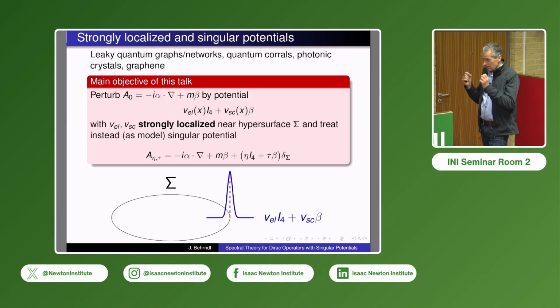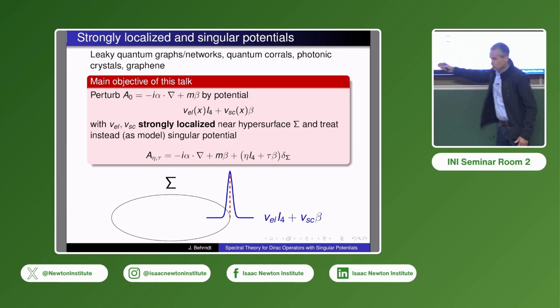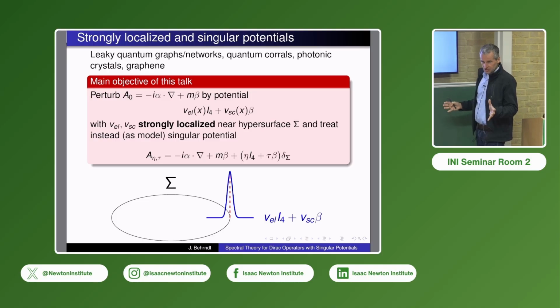Suppose that your electric or even additional Lorentz scalar potential is localized. Very roughly, I mean by that, you have large values in the neighborhood of a certain set and small values outside of this set. This set is supposed to be a curve in 2D, or a hypersurface in 3D.